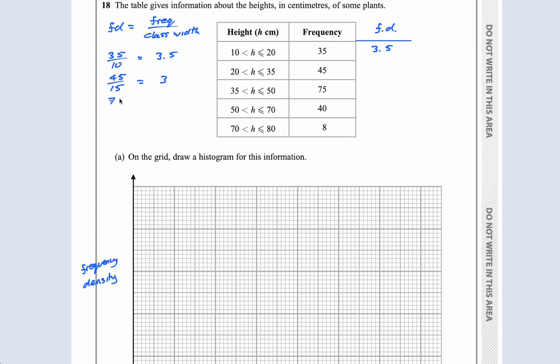Then I do 75, also divided by 15. 35 to 50, that's 15, gives me 5. 40 divided by 20 gives me 2. And finally, 8 divided by 10 gives me 0.8. Okay, so that's 3.5, that's 3, that's 5, that's 2, that's 0.8.